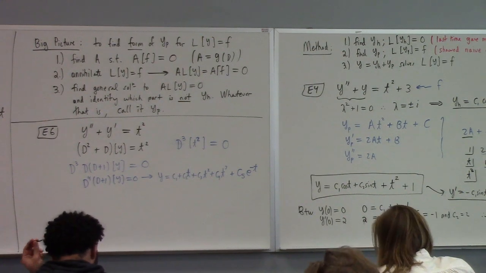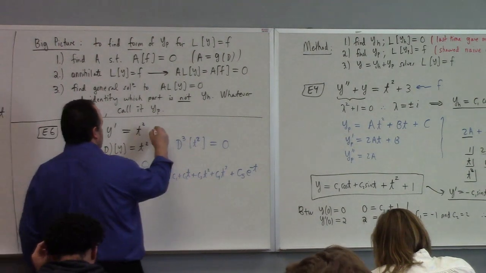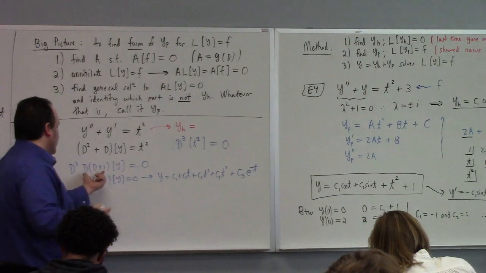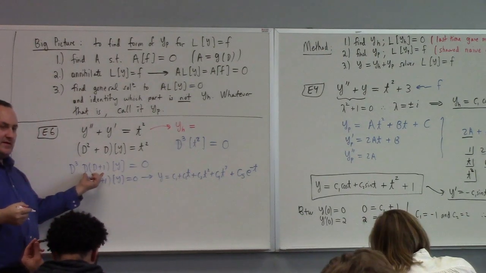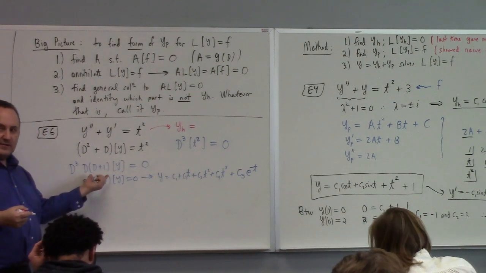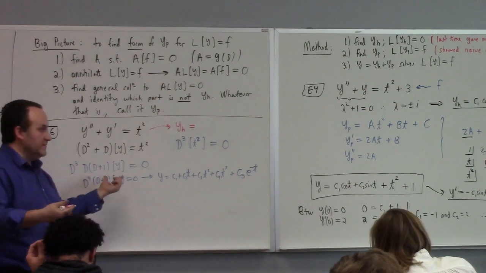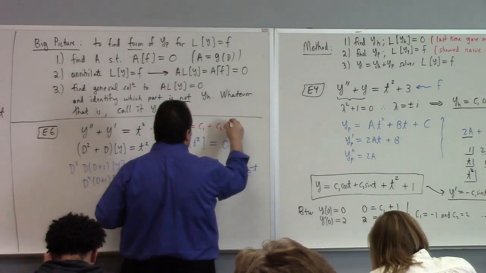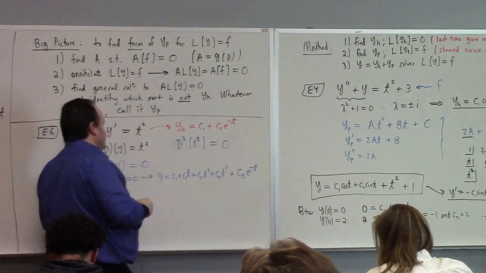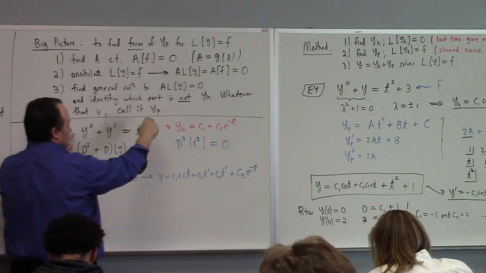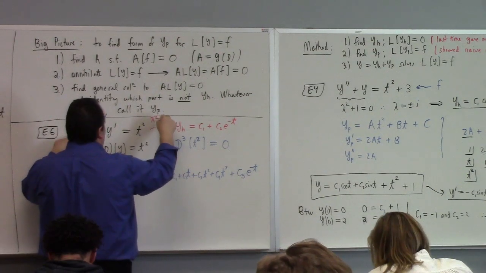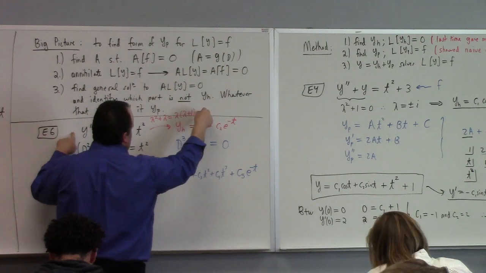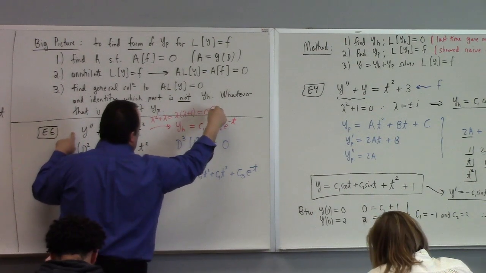So what's the homogeneous solution here? We can kind of see it from down here, right? Lambda equals either 0 or minus 1. So the homogeneous solution is c1 plus c2 e to the minus t, because this gives me lambda squared plus lambda equals lambda times lambda plus 1 equals 0. So that's my homogeneous solution, okay?